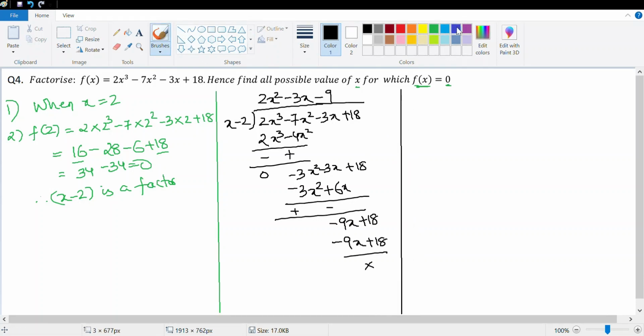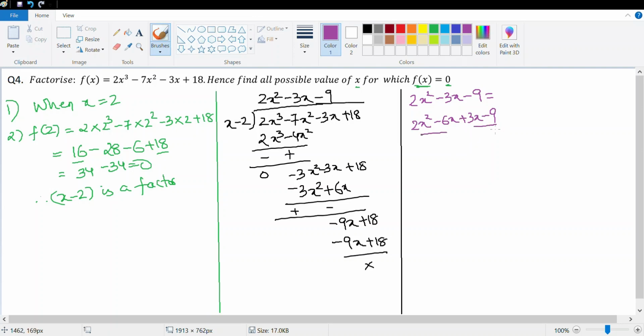Now, the last step where we try and factorize the quadratic expression which we've got. So 2x squared minus 3x minus 9. If we try and factorize this, I need to find factors of negative 9 into 2. That's negative 18, the sum of which would be negative 3. So that's negative 6 plus 3. So 2x squared minus 6x plus 3x minus 9.